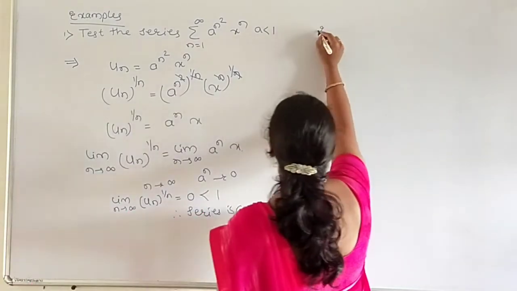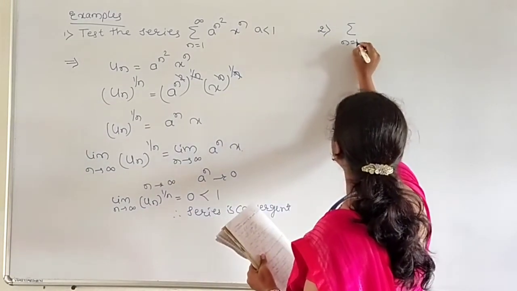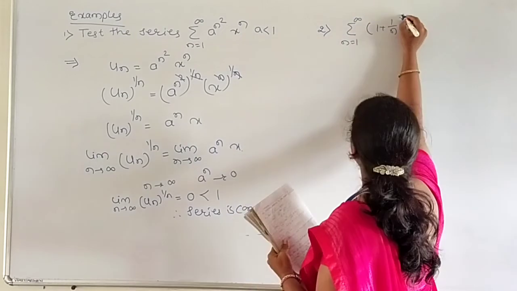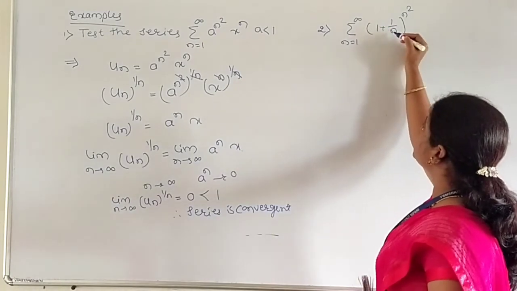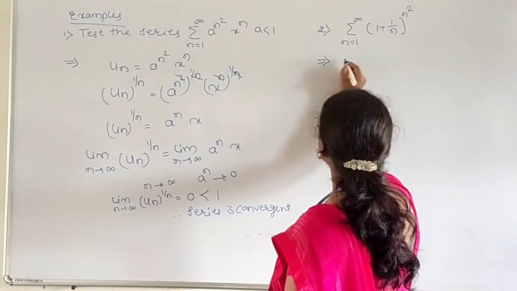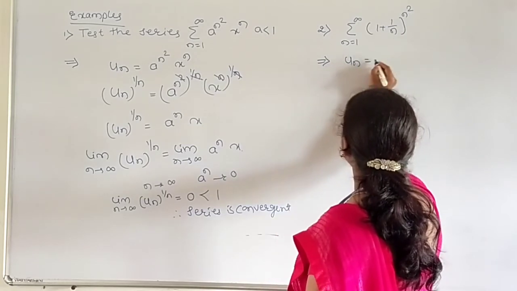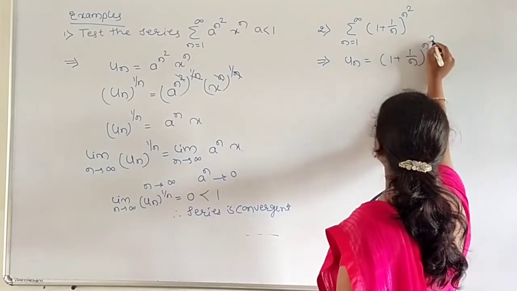See the second example. Test the series summation of n equals 1 to infinity, 1 plus 1 by n to the power n square. Here the f of n term has the power n, so again the same procedure applies. Un is equal to 1 plus 1 by n to the power n square.